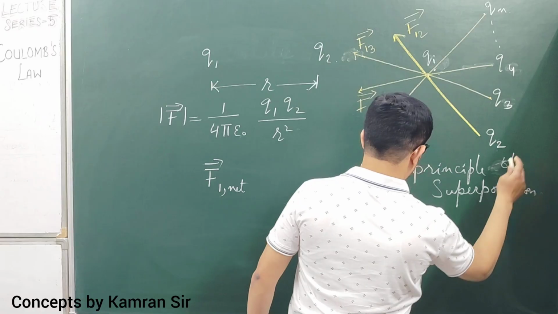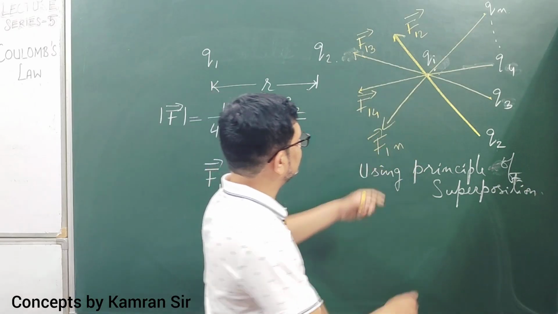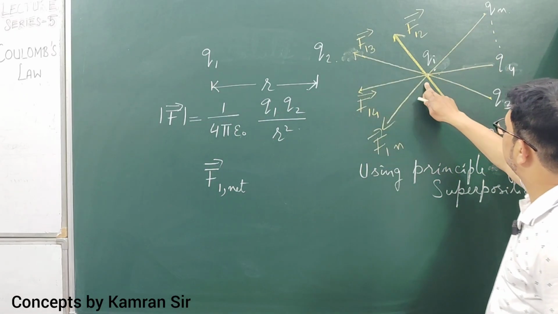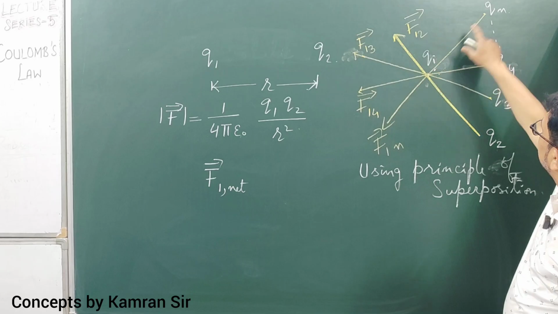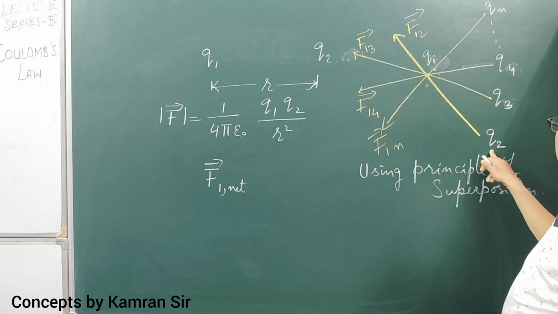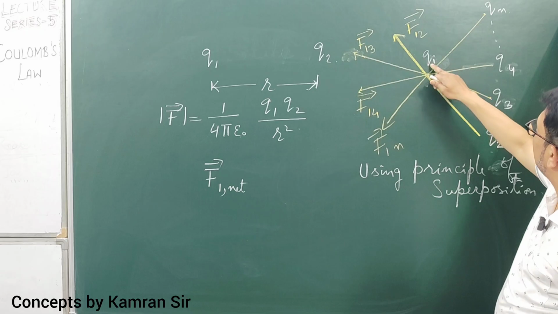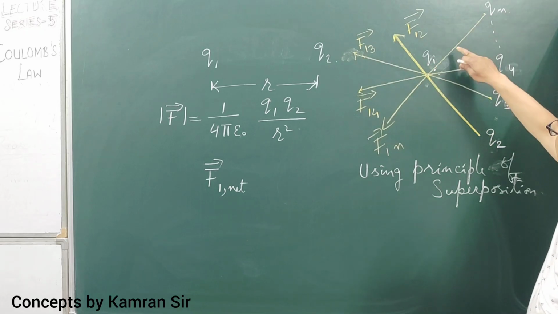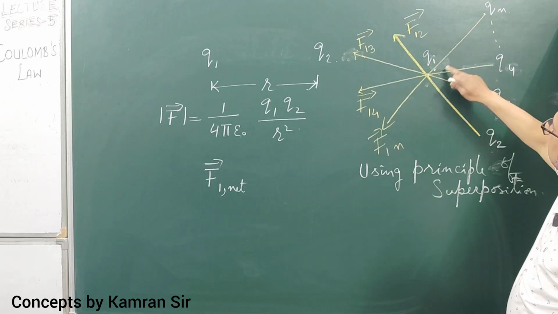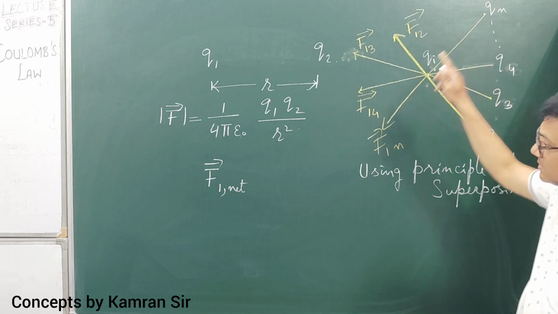In simple terms, it says that these interactions are independent. The interaction between 1 and 2, between 1 and 3, between 1 and 4, and between 1 and n, the nth charge, are all independent. And what is then the net?